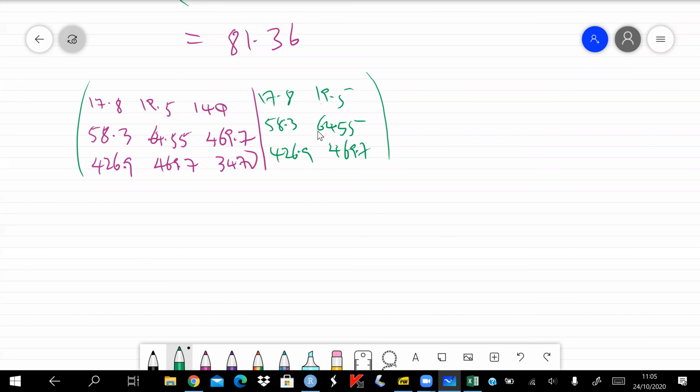So starting from the main diagonal, I'll be talking about this one. Then we have this, this is 144.